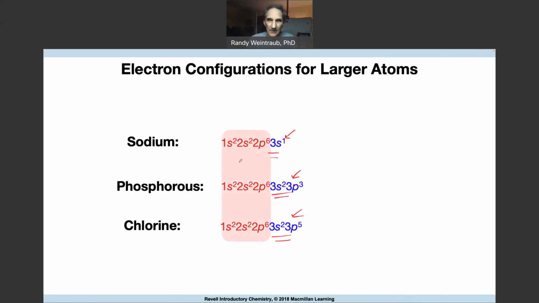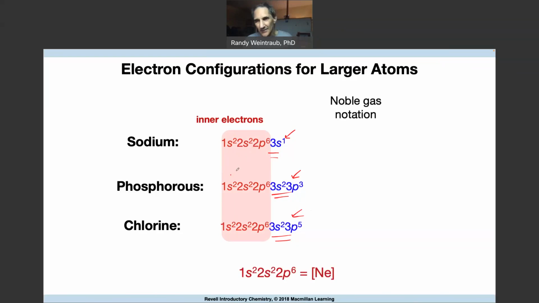We call the inner electrons also called core electrons. Notice that each of these configurations contain the first 2 levels, sometimes called the inner.